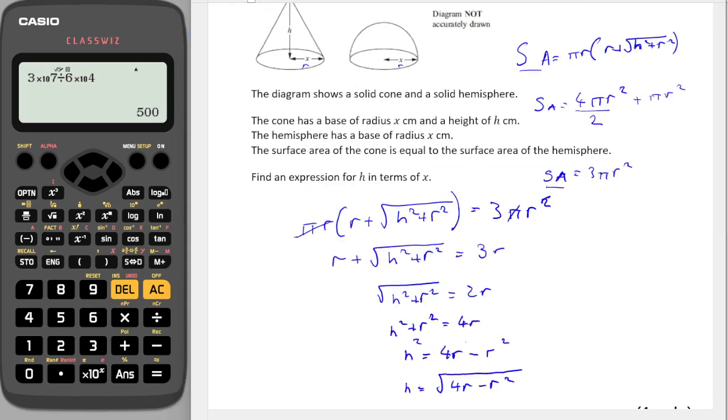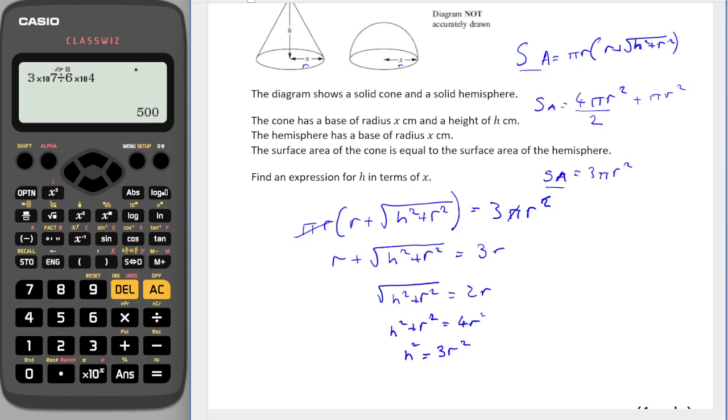Okay, so I've made a slight mistake just here. What I've done is I squared this, but I didn't square my r, so that would be r squared, which makes this a lot more simple. So let's just take that line off. So h squared is going to be equal to, if I subtract r squared from both sides, I get 3r squared.